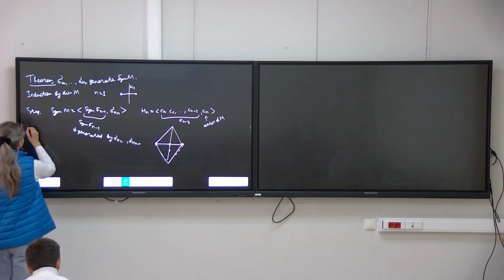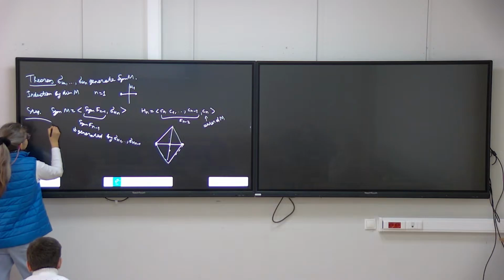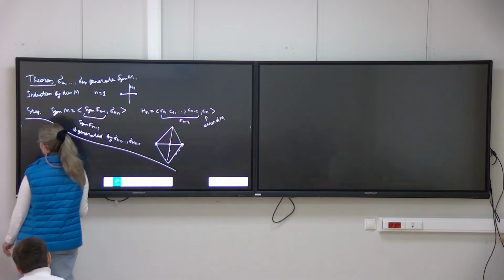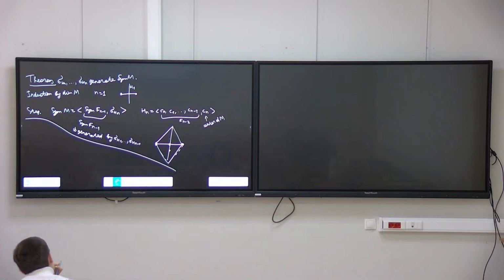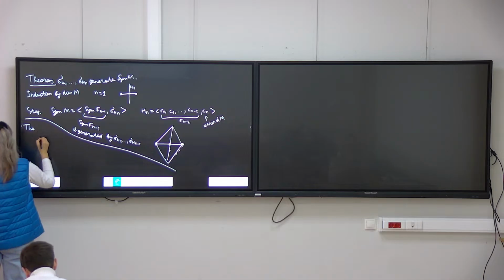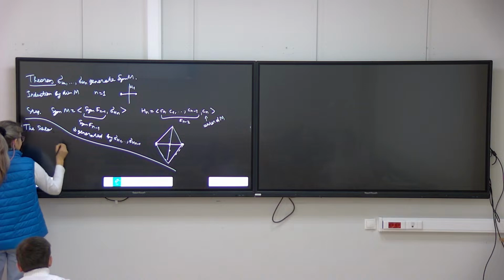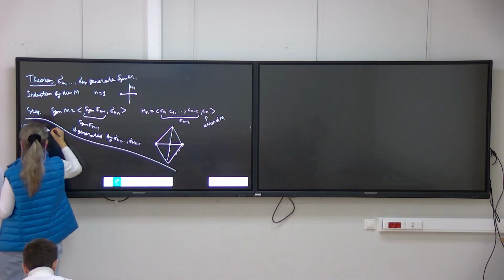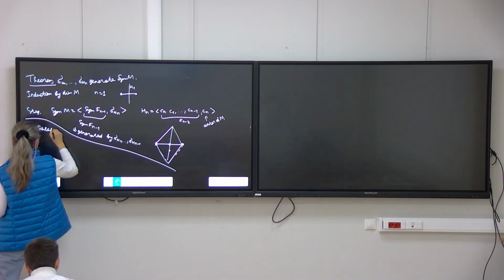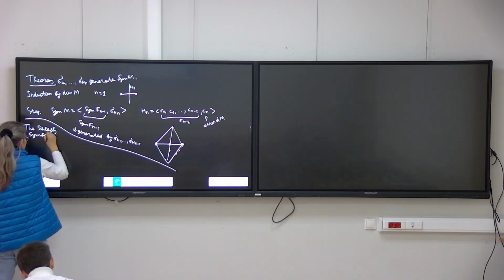So, as it was at the previous seminar, what is the Schläfli symbol?